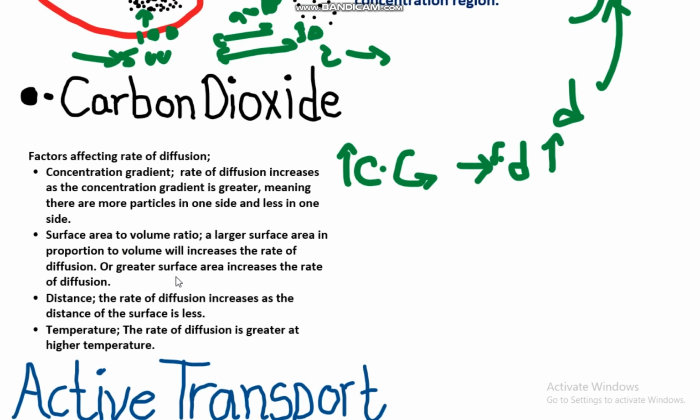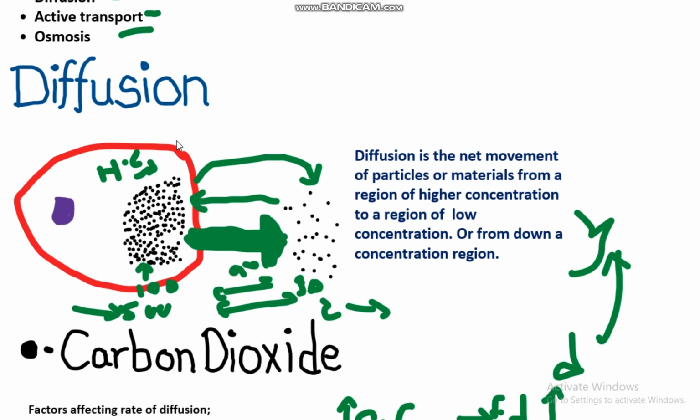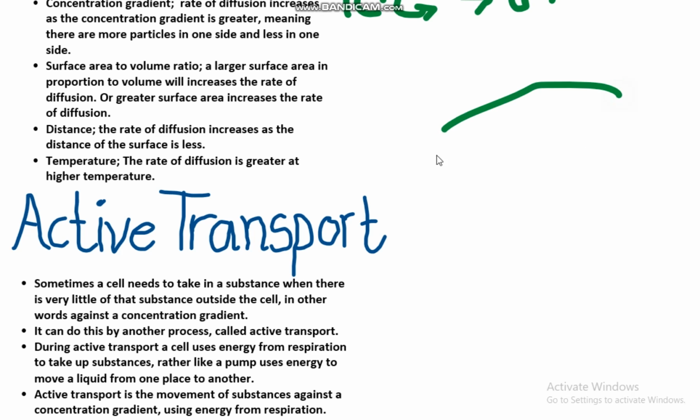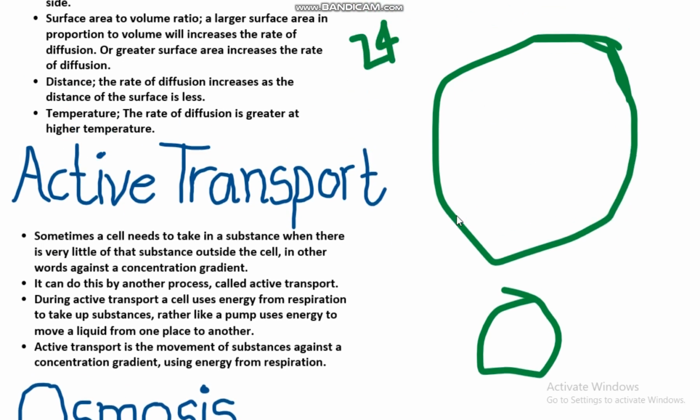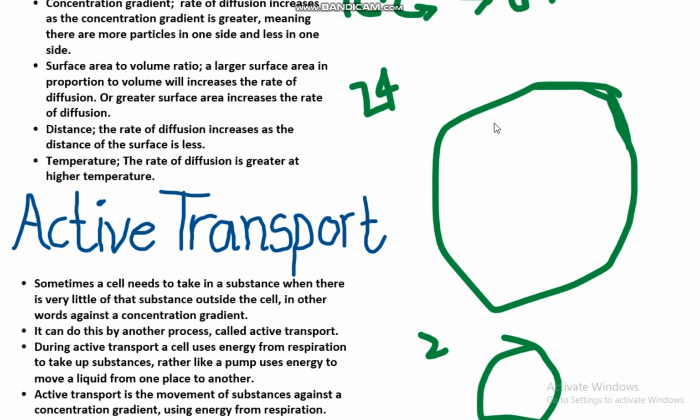A larger surface area in proportion to volume will increase the rate of diffusion, or greater surface area increases the rate of diffusion. So just for example, this is a unicellular cell, and the ratio of surface area to volume of this cell is around 24, and there's another cell which has this one as 2. So this surface is greater, and this is the nucleus.